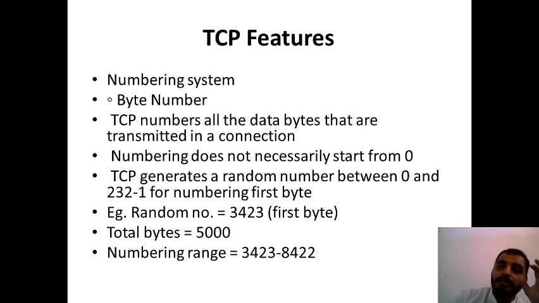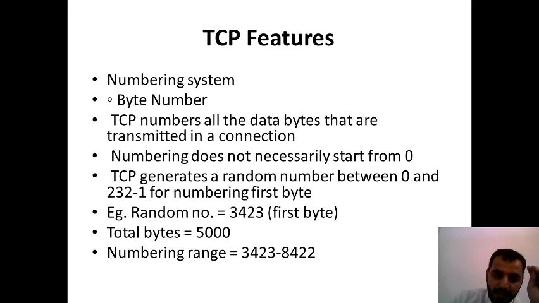Class 1 is a data set of roll number 1 to 10. Class 2 has a data set of 11 to 20. It means this numbering will help you to transmit the connection. So TCP numbers all the data bytes that are transmitted in a connection.